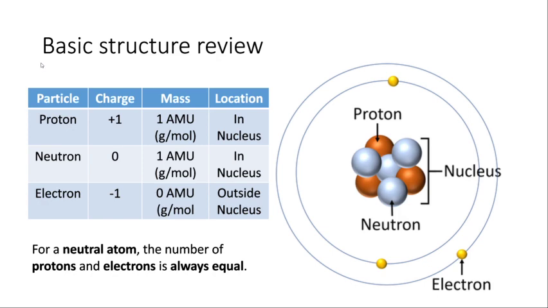Of course, you have the protons and neutrons in the nucleus, and then your electrons outside the nucleus in these rings here. Remember that we said the rings are energy levels.